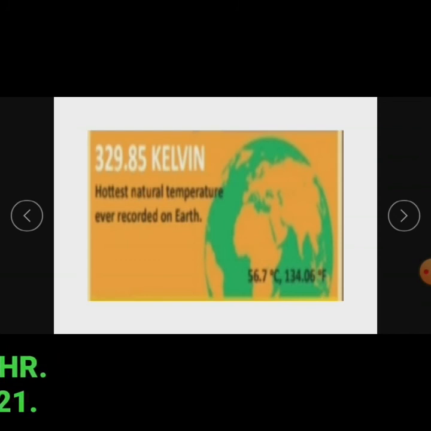Hottest natural temperature ever recorded on Earth. In Kelvin scale, 329.85 Kelvin. In Celsius scale, 56.7 degrees Celsius. In Fahrenheit scale, 134.06 degrees Fahrenheit.